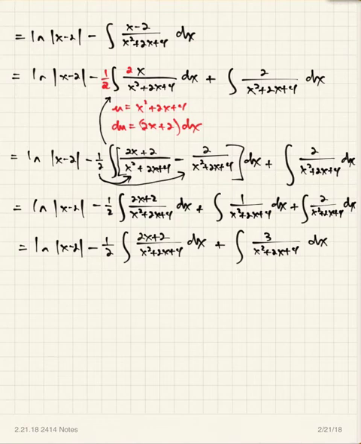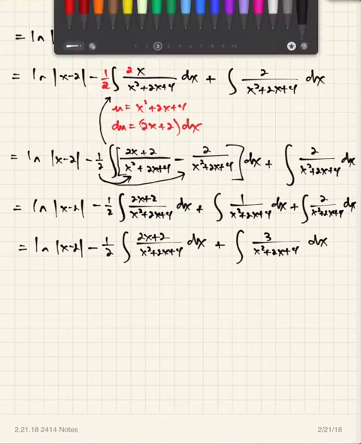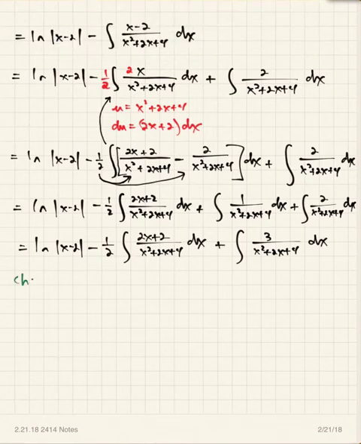And if you want to, you could always check that. I would not blame you at all, because this is really tricky. So let's check this. What do you get here? If you distribute the negative 1/2 through right here, you get negative 1x minus 1, right?